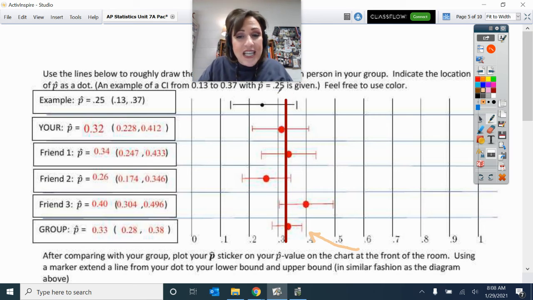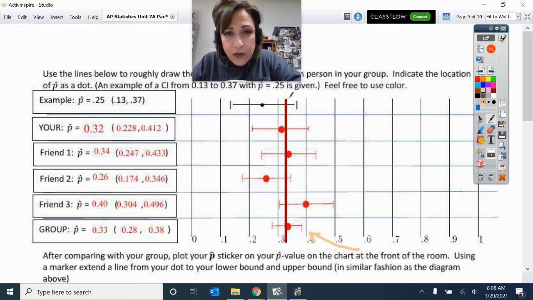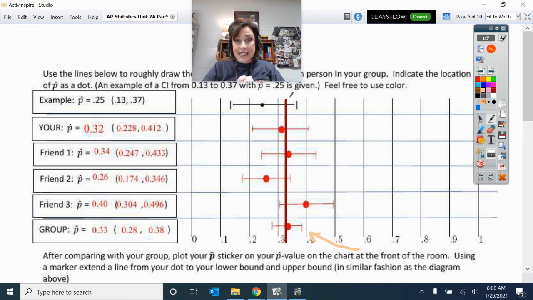This line does not move. The line is set. It doesn't change. It's not about the chance of that line landing in your interval. It's about, did the interval you made happen to contain that population amount that is set in stone?